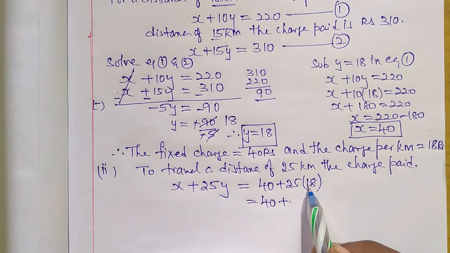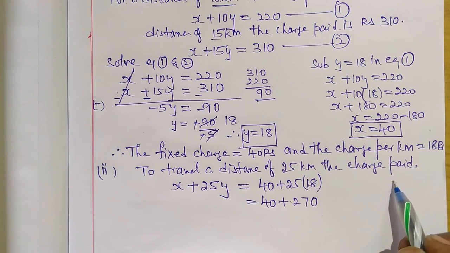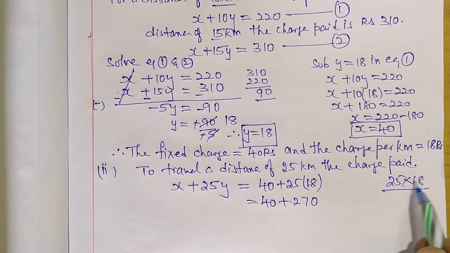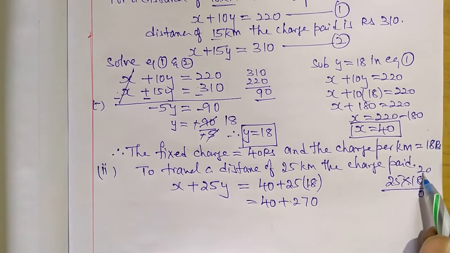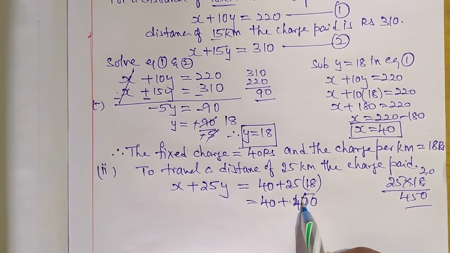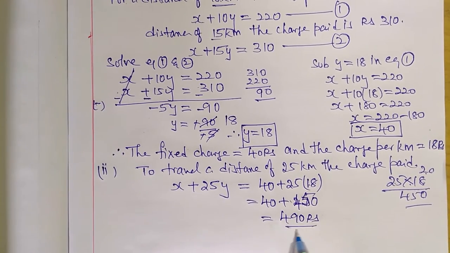25 into 18: 25 eights are 200, and 25 ones are 25, so the product is 450. Therefore the total is 40 plus 450, which is 490 rupees.